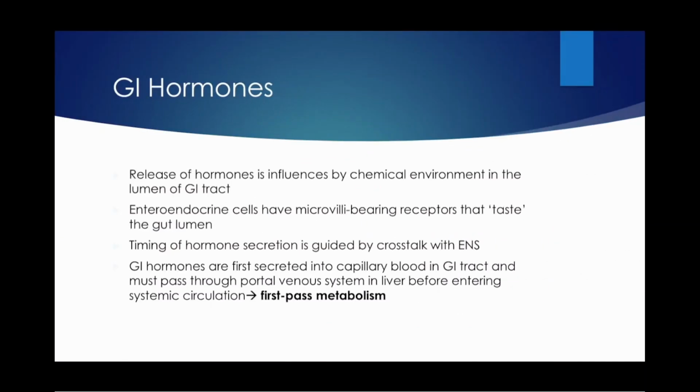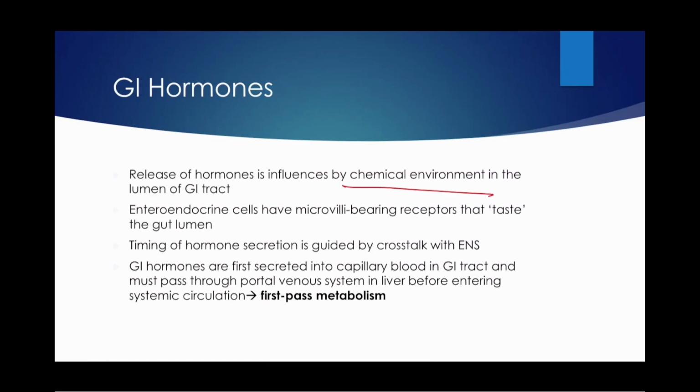GI hormones, okay? We have hormones that are released by the stomach and they go into the bloodstream. They are influenced by the chemical environment in the lumen of the GI tract. So if you have a high fatty meal, a lot of cholecystokinin is going to come out, because that needs to get the gallbladder involved in order to emulsify all the fat you just ate. Make sense?